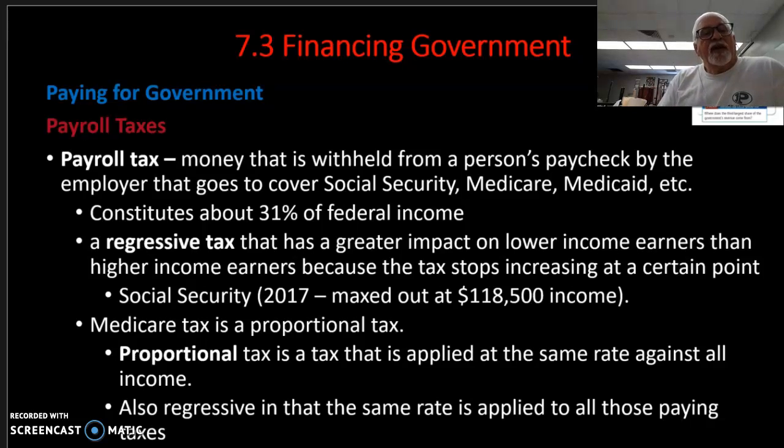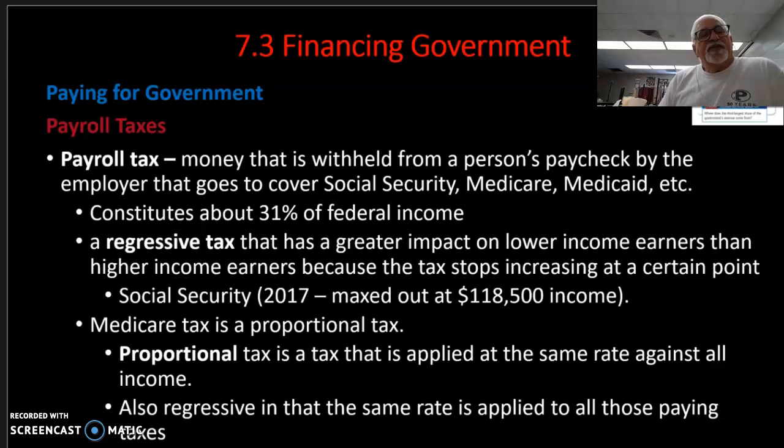Payroll taxes. Don't get payroll tax confused with income tax. Payroll tax is money that is withheld from a person's paycheck by the employer that goes to cover Social Security, Medicare, Medicaid. These are payroll taxes. Income tax is not a payroll tax.